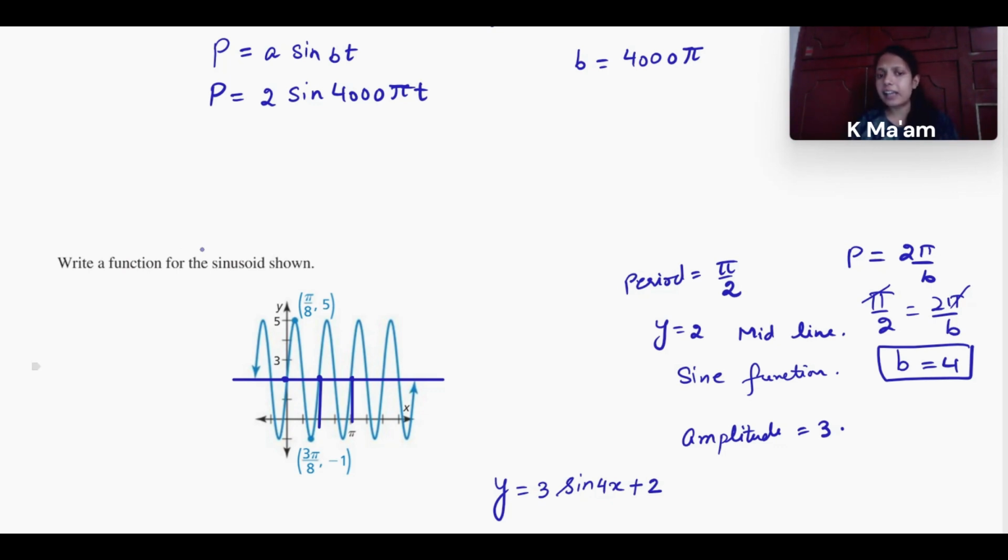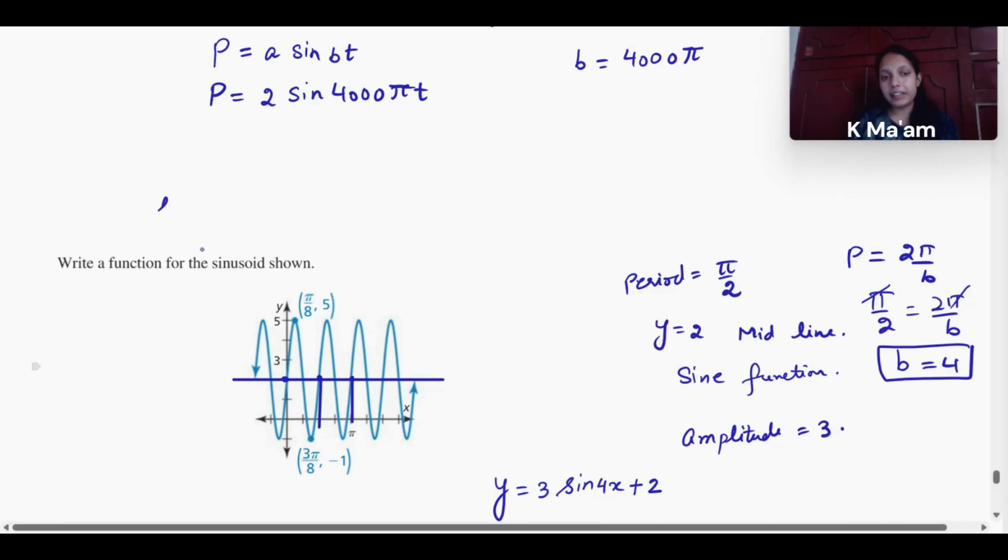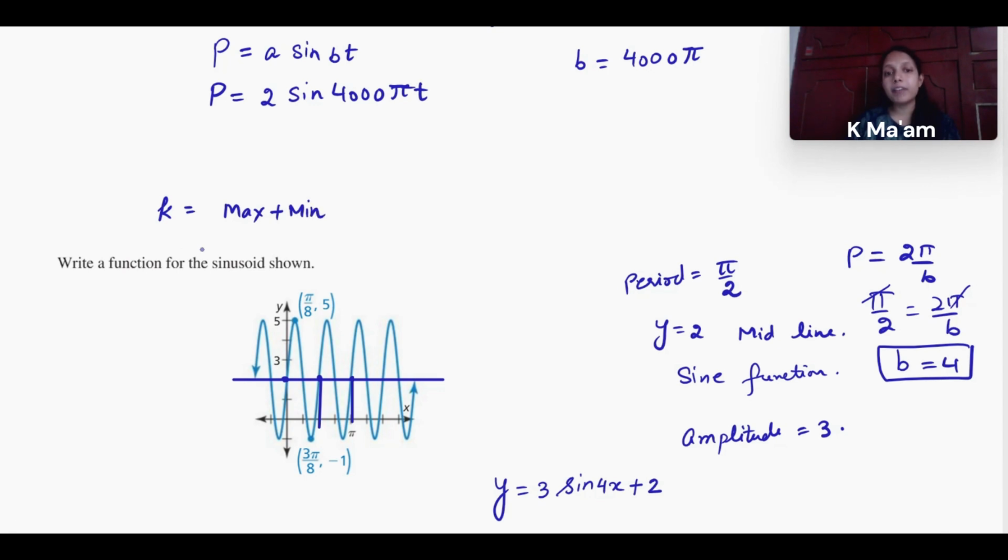I directly calculated using the graph, but sometimes it's not clearly visible. How will you find that? In that case, you will find the midline k, which equals maximum value plus minimum value over 2. Maximum is 5 plus minimum is negative 1, over 2. 4 by 2 is 2, so the midline is 2.